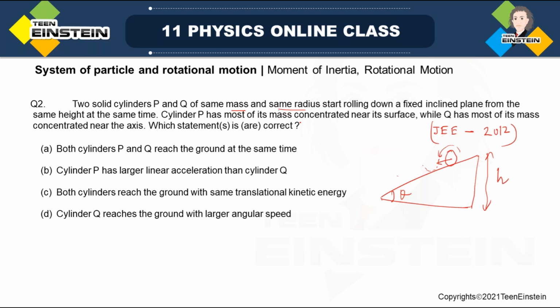Cylinder P has most of its mass concentrated near its surface. Look, this is a cylinder, suppose P, radius must be uniform. So most of the mass is concentrated at the surface.